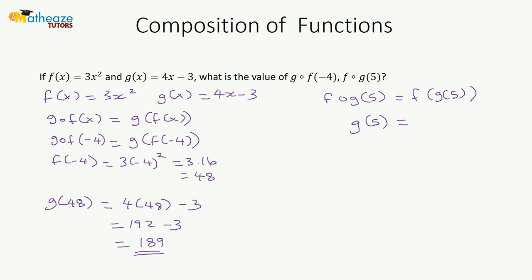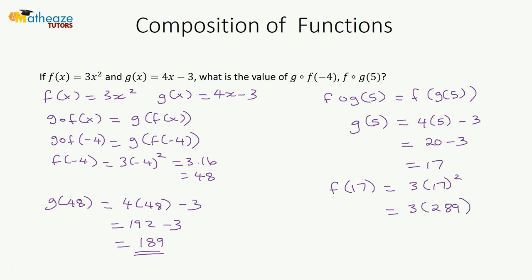So g of 5 is equal to 4 times 5 minus 3, which is going to give us 20 minus 3, which is 17. Now this becomes the input to f of x, so f of 17 is going to be 3 times 17 squared, which is 3 times 289, which is going to give us 867.